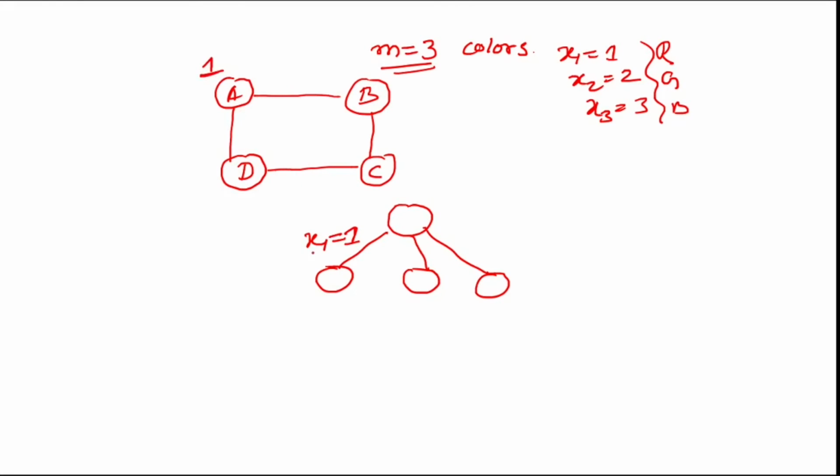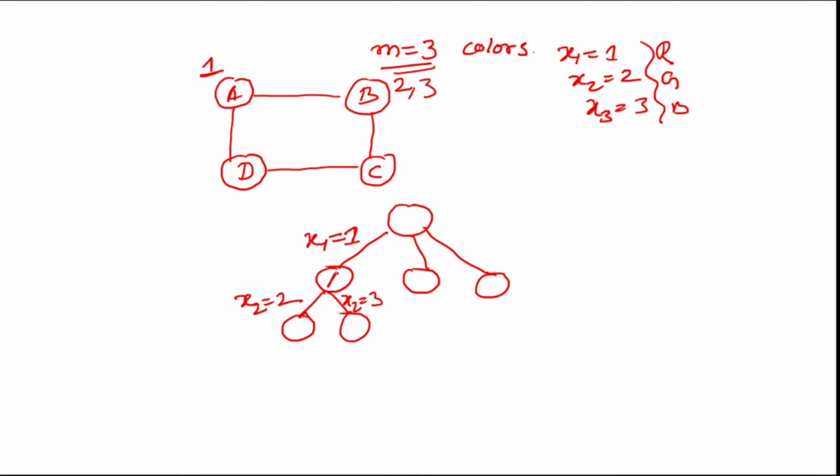Once you color this one as color 1, then you have options for B. For B you have options 2 and 3. So x2 equal to 2 and x2 equal to 3. We have 2 options.